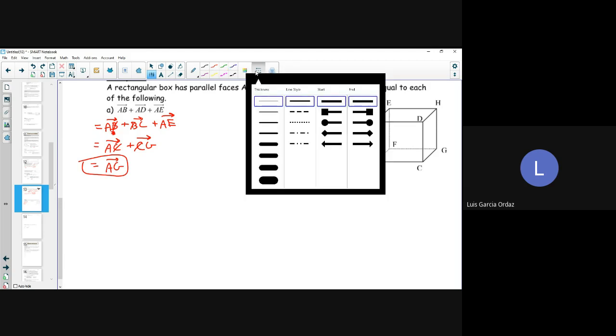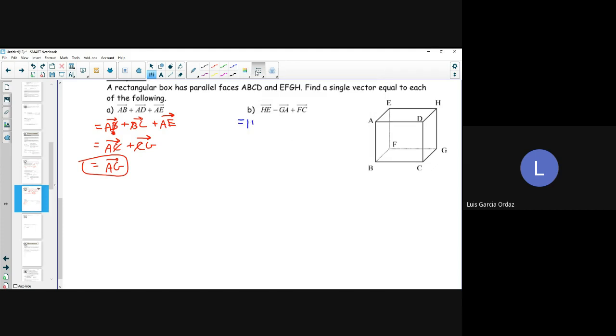So thank you, Mohammed. I can write this as equal to vector HE plus vector AG plus vector FC. Now let's see what you guys come up with. Can you guys simplify vector HE plus vector AG plus vector FC? Tell me what single vector is equivalent to all those three being added.